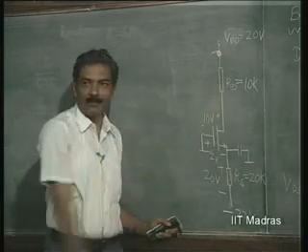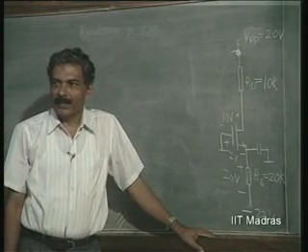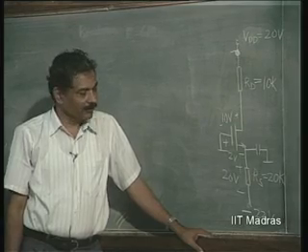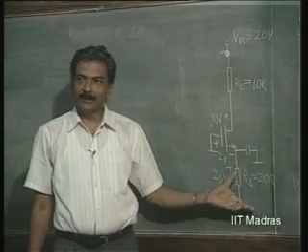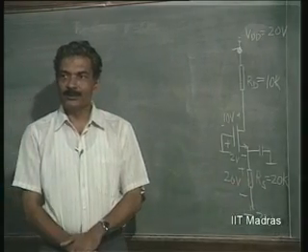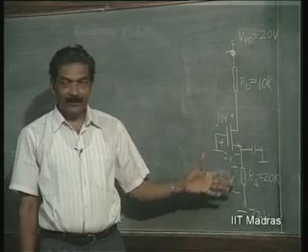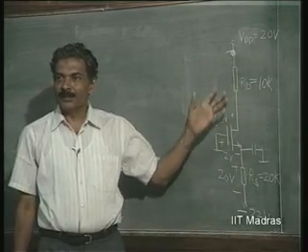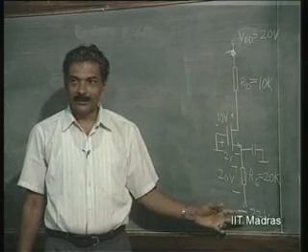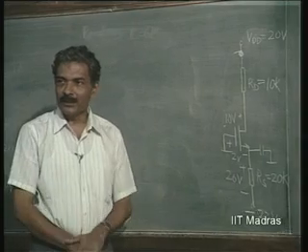So, since RD has been permitted to be selected as 10K, the gain is minus 20. The operating point is the same as the previous case, but I am now permitted to use 2 power supplies. The number of resistors that I need to use get cut drastically, and therefore, if you are permitted to use 2 supplies, straight away the resistors R1 and R2 are totally unnecessary.